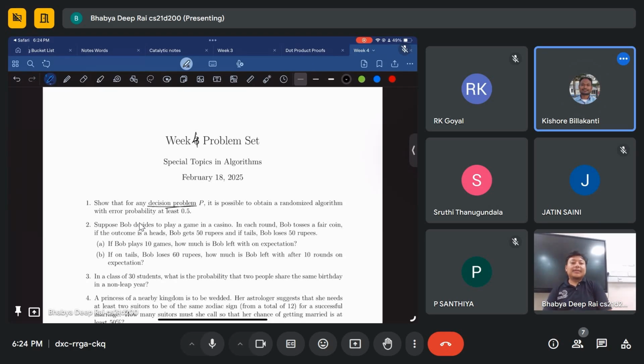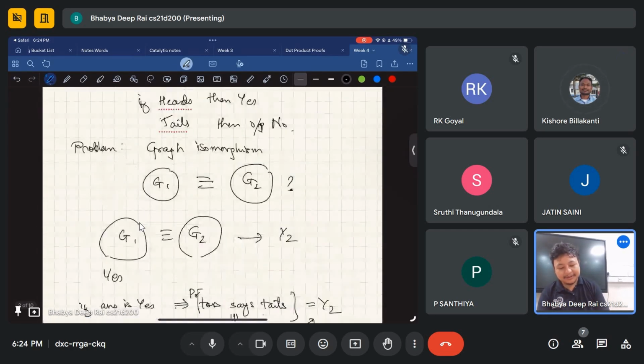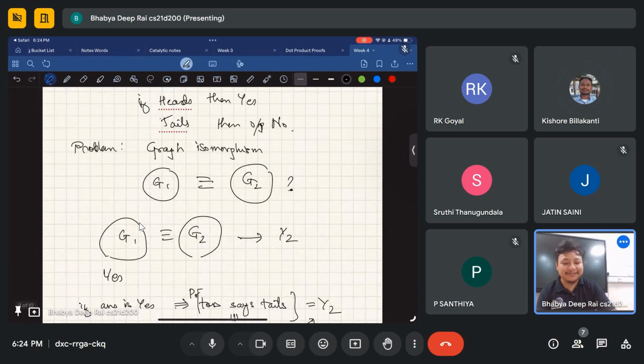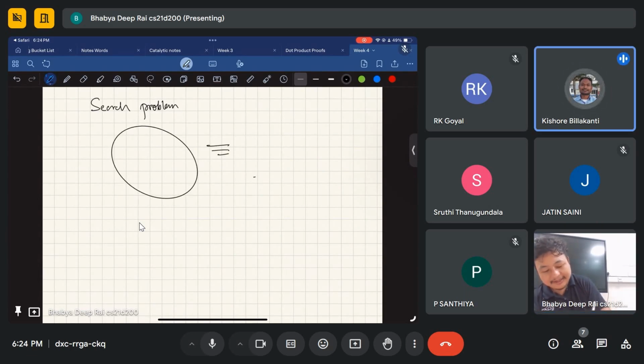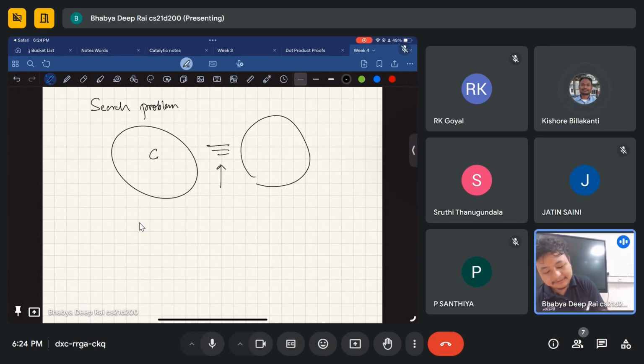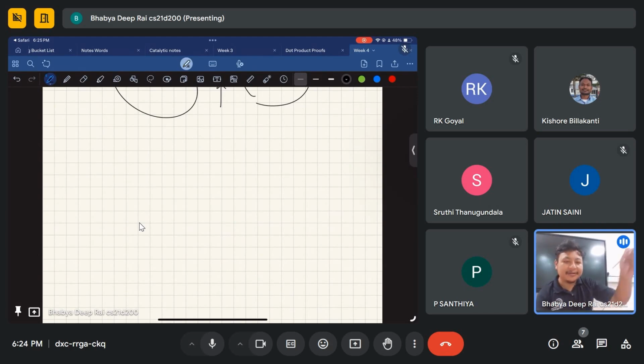Yeah, you cannot say the same for a search problem. If it's something like find the isomorphism between G1 and G2, that is a search problem, and let's say the isomorphism is sigma. What is an isomorphism? It means that I can relabel the vertices and still the graph will look the same.